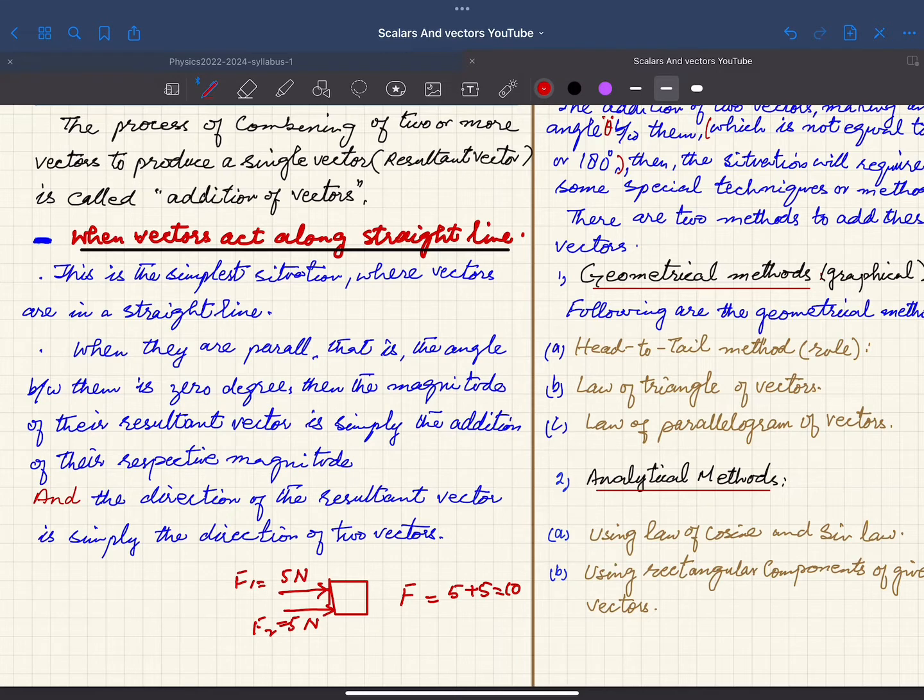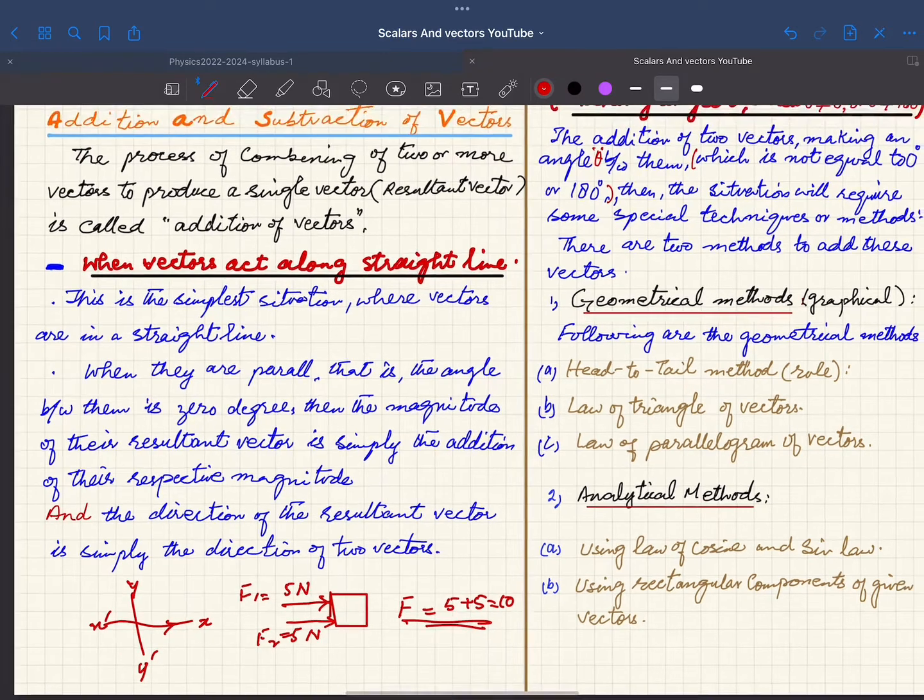And suppose you are considering the x-axis and y-axis, and the forces are in the x direction, then the direction of the resultant is also along the x-axis. So this is the simplest situation.